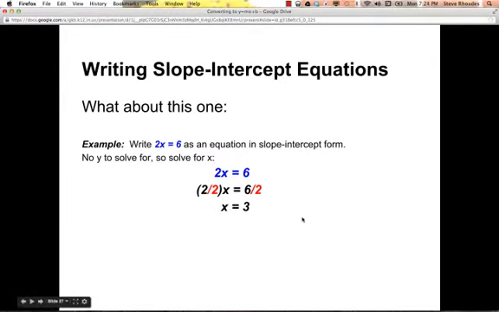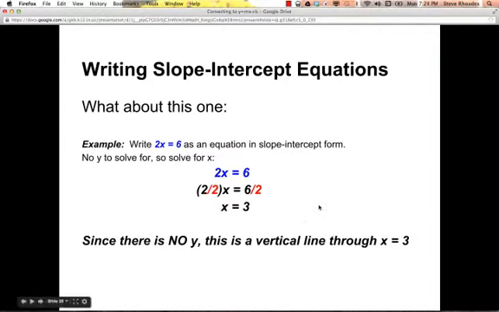Now again, this is a special equation. The y equation is a horizontal line, and the x equation, when there is no y, is a vertical line. In this case, it's a vertical line that goes through x equals 3. So those are two special situations that you need to be aware of when you're asked to rewrite these equations.